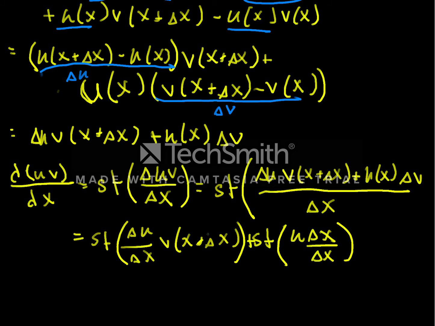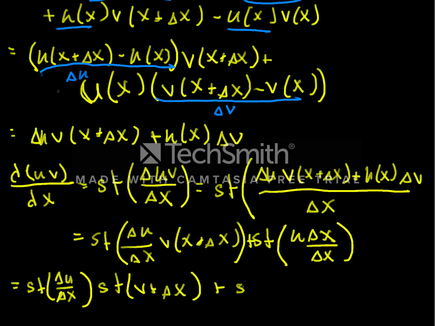Again, because we can distribute across multiplication, this is the standard part of change in u over change in x times the standard part of v of x plus delta x, plus the standard part of u times the standard part of delta v over delta x.